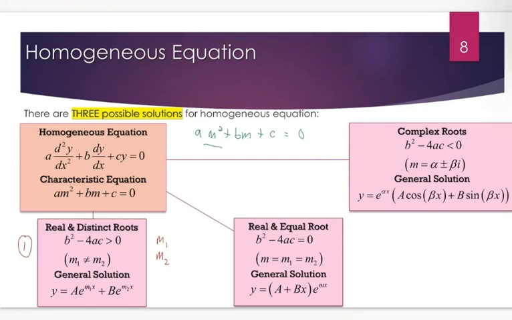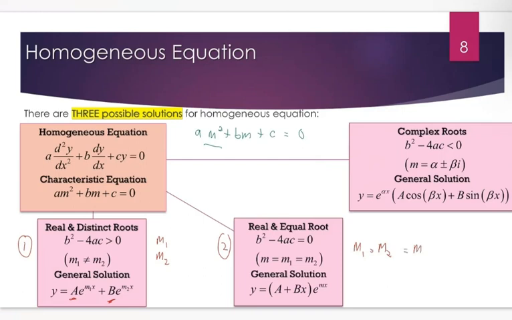So the general solution is y equal to a e to the power m1x plus b e to the power m2x, where a and b are constants of integration. The second case is m1 equal to m2. You now have two values for m, m1 and m2, where these two values are equal.